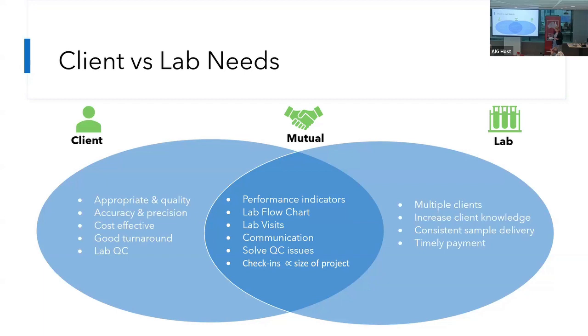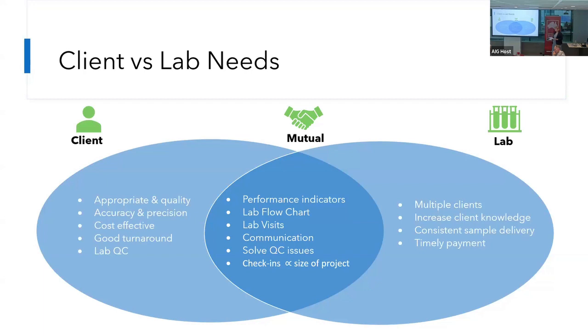Meeting mutual needs promotes a successful program, and these mutual needs include assays meeting performance indicators, such as prep sizings and sample QC results, a clear understanding of prep methods, assays and lab procedures. This can be assisted by a flowchart. An ongoing relationship and knowledge building.